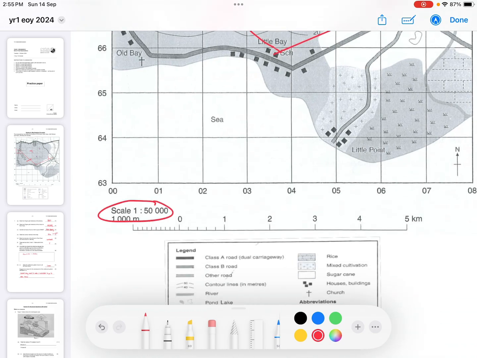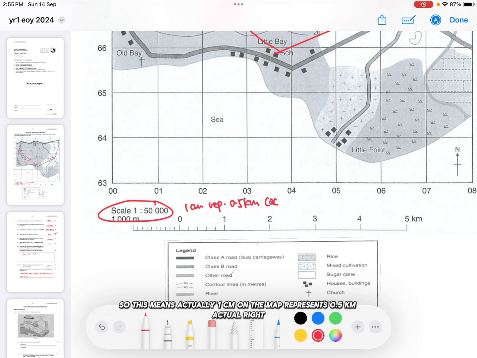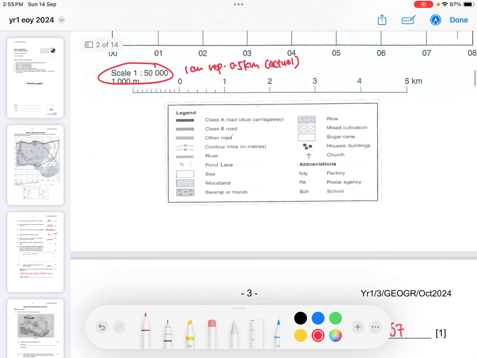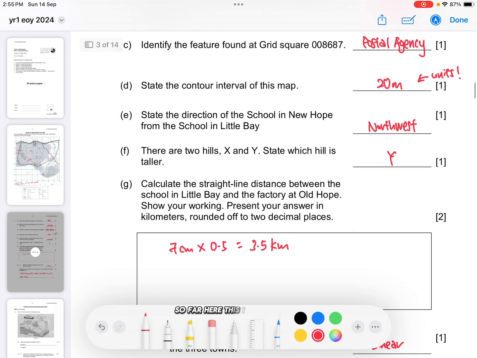This means 1 cm on the map represents 0.5 km actual distance. So I just multiply 7 cm by 0.5. The actual distance I get is 3.5 kilometers. If you get other answers, you just need to round off to 2 decimal places. You need to show your working, 1 mark for the skill and 1 mark for the final answer. So this is the working.